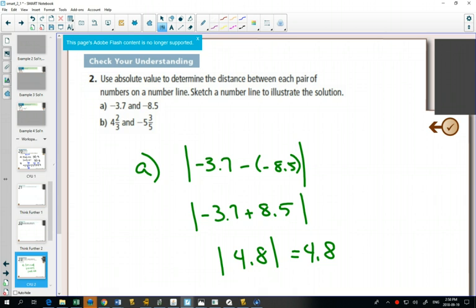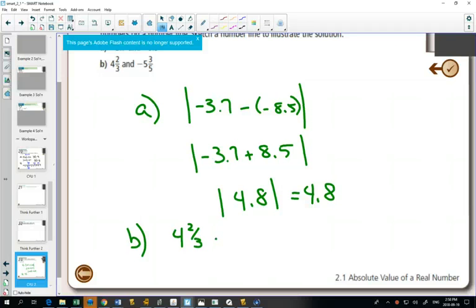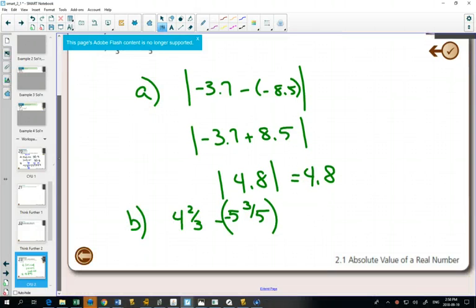Perhaps in B, it's really easy to see which one's bigger. Which one's bigger, positive 4 or negative 5? So in B, the positive number is bigger. So you know if you would start with 4 2/3 minus a negative 5 3/5, your number is going to be positive.